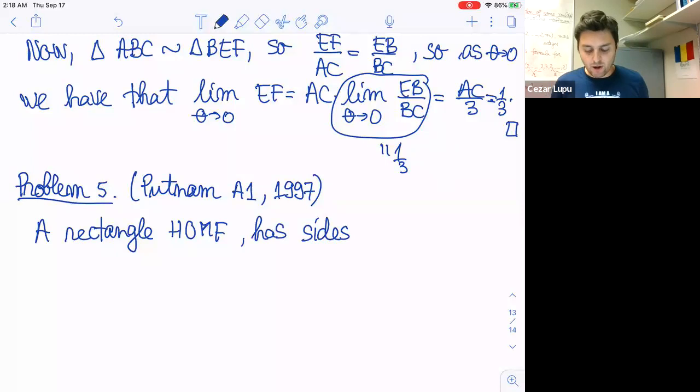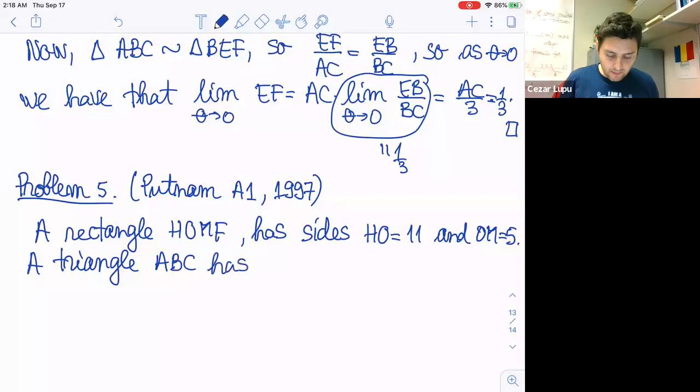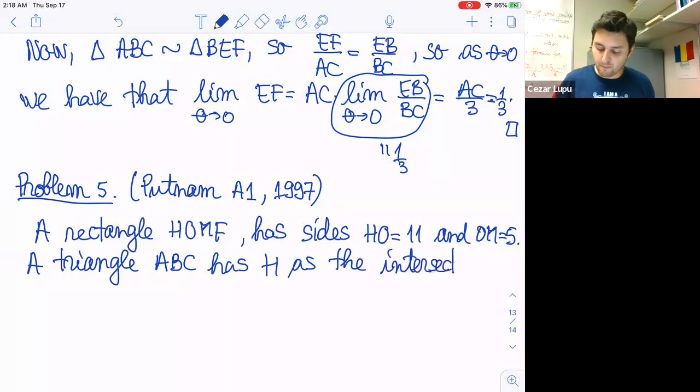So this rectangle HOMF has sides HO equals 11 and OM equals 5. A triangle ABC has H as the intersection, and this is big information at this point, of the altitudes.